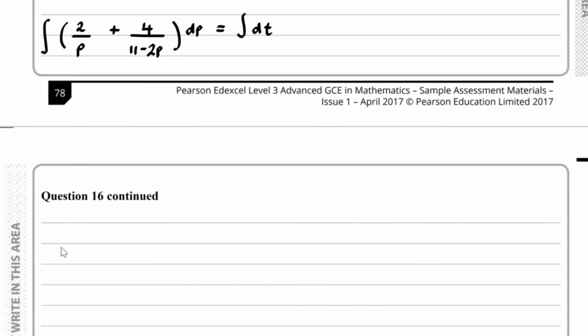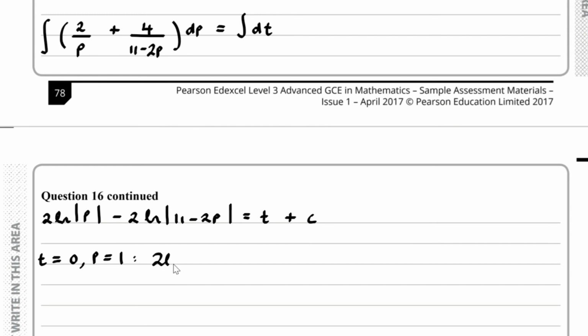So if I integrate, I've got 2 times by the natural log of the mod of p minus 2 times by the natural log of the mod of 11 minus 2p, and this is equal to t plus c. Now when t equals 0, because I've got 1,000 and I know that p is representing thousands, p will equal 1.